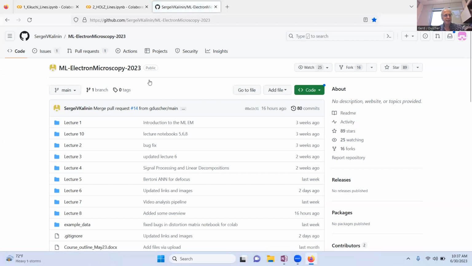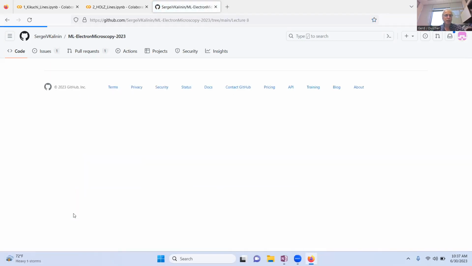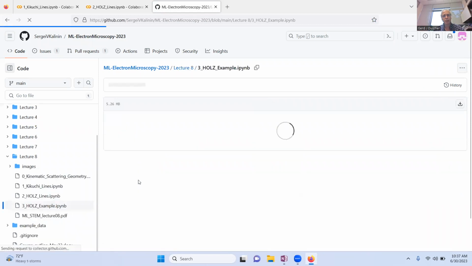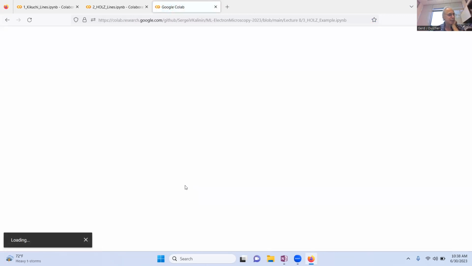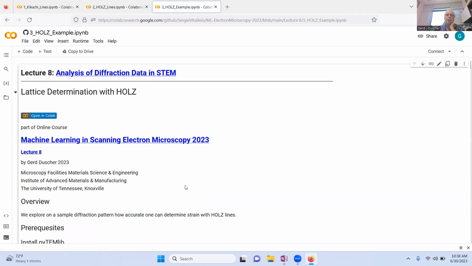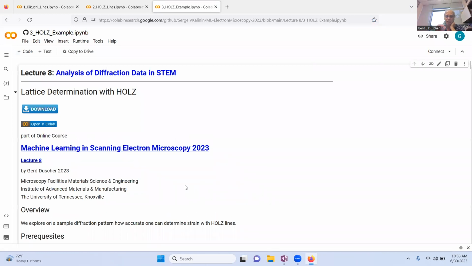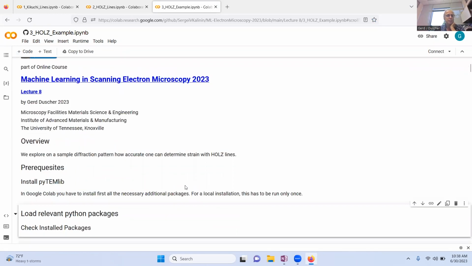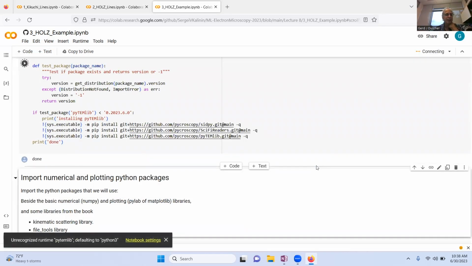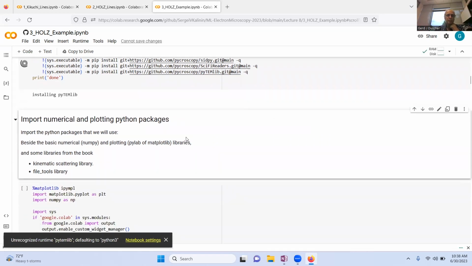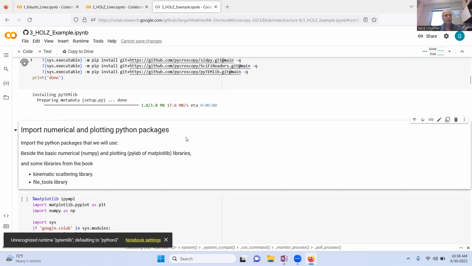How accurate is that? Just for you to play around with, I have one notebook here that we open in Colab. That is the one with the example. And here we want to look at how accurate we can be, and how accurately we can compare that to a diffraction pattern.